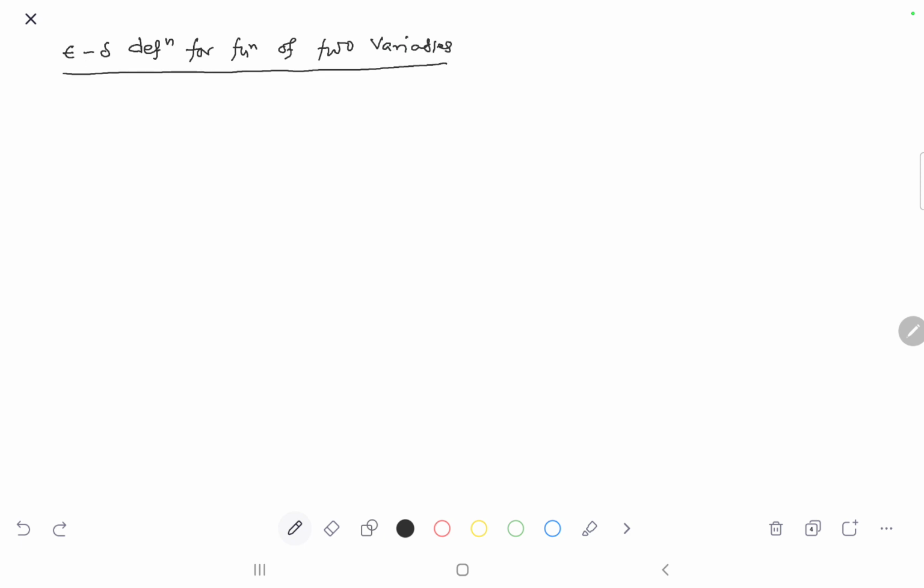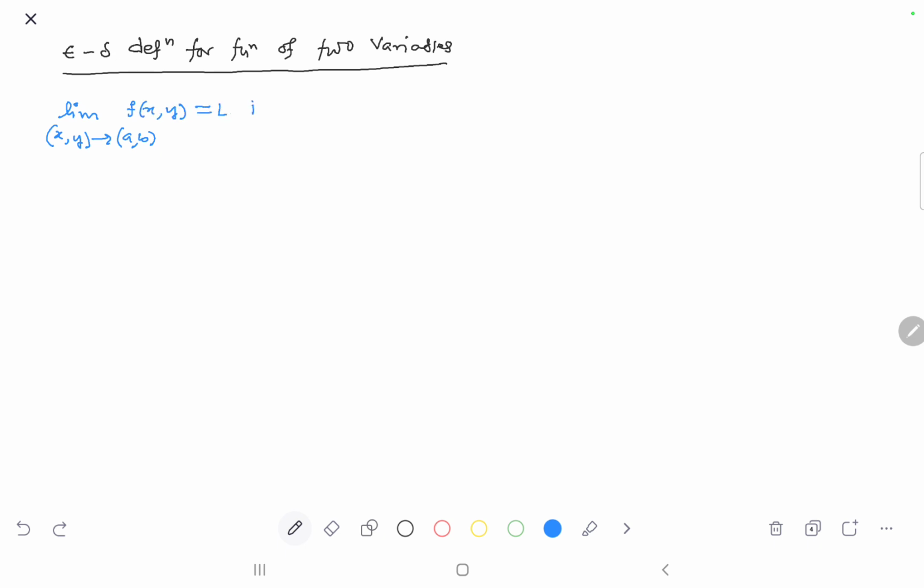Here it is. Let me tell you the general definition. But in the exam, you always get the point 0, 0. So limit as xy tends to ab of f(x,y) equals L.